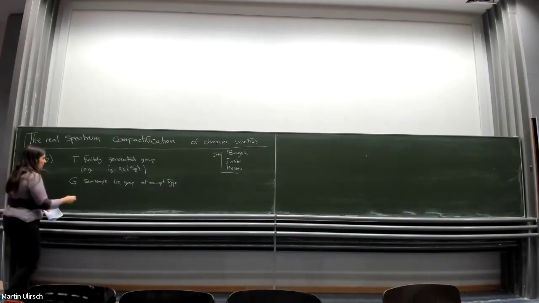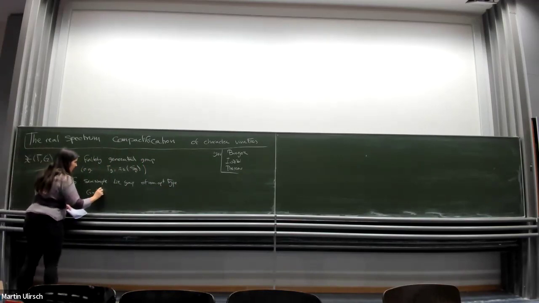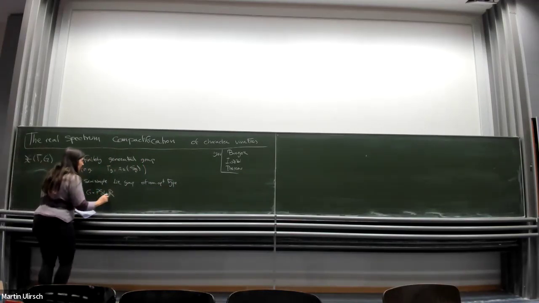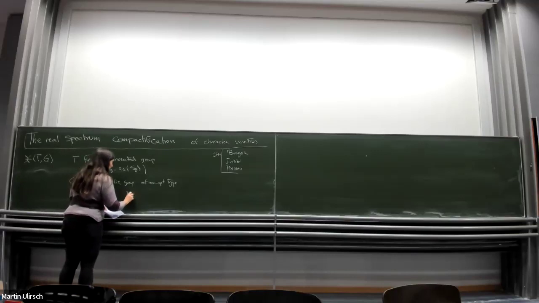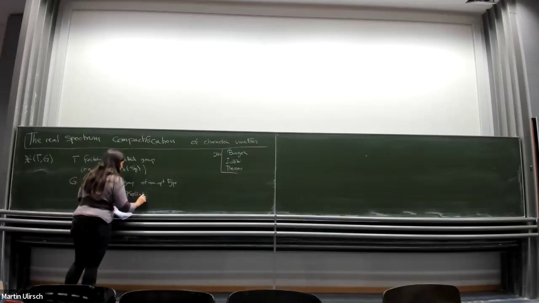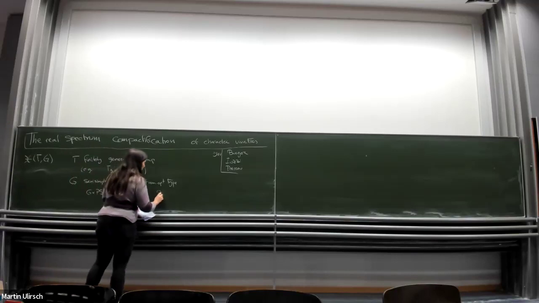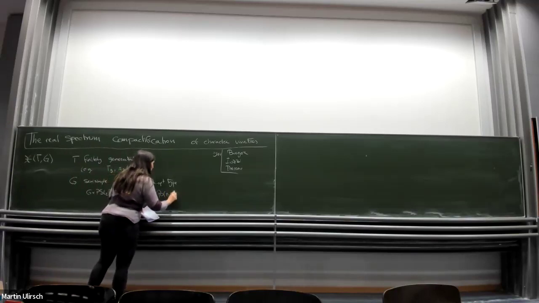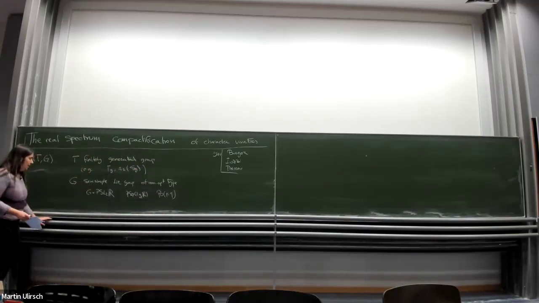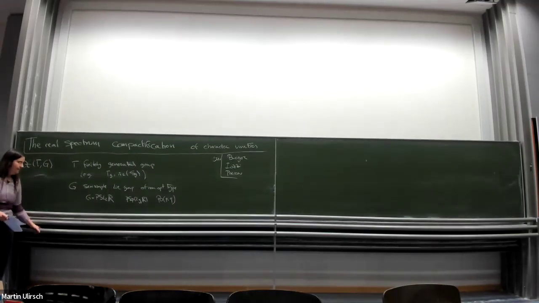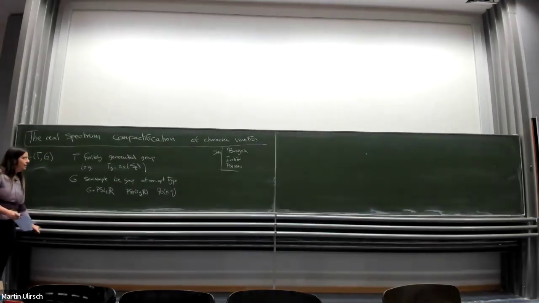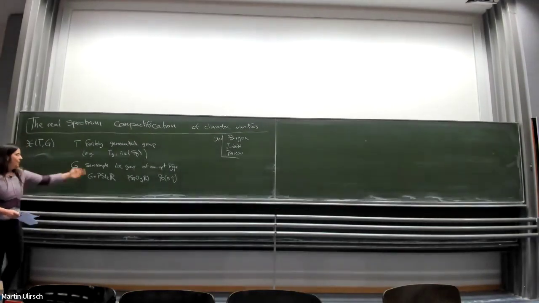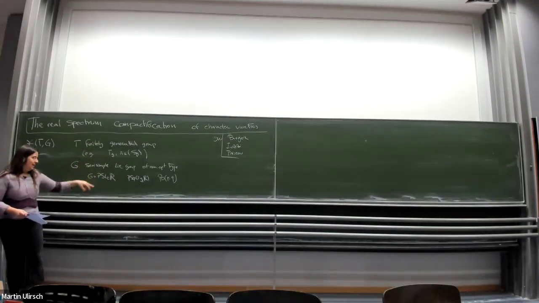So the examples that you should keep in mind here are, for example, PSL(2,R), PSp(2n,R), or PU(p,q), up to quotienting by the center.